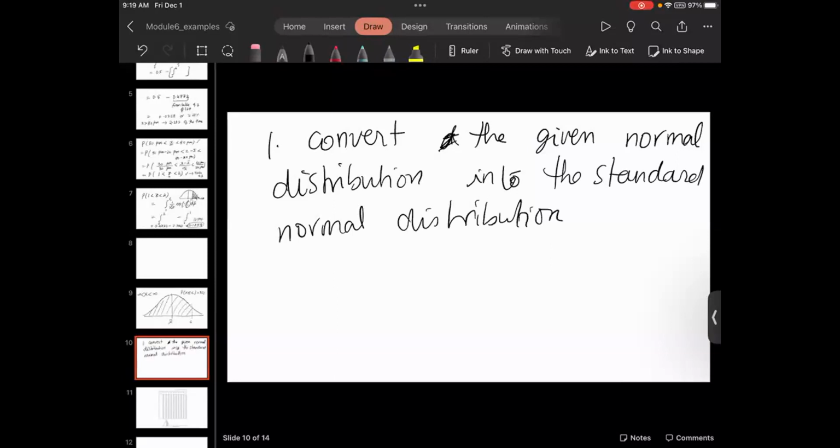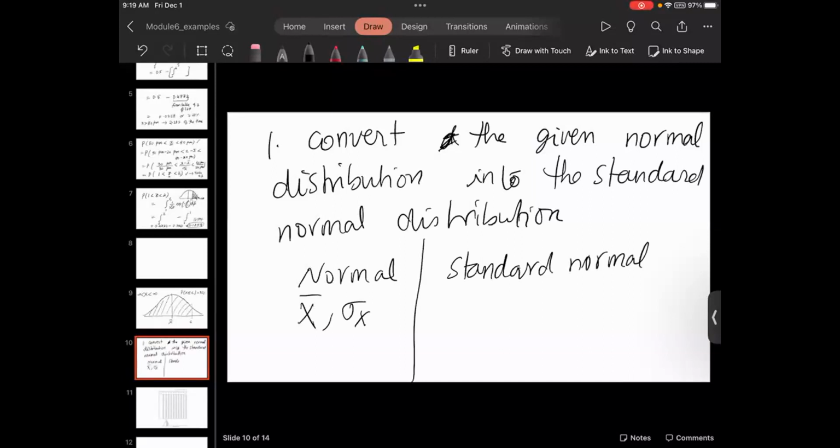What's the difference? Any normal distribution has a mean and standard deviation. Standard normal distribution is a special case with a mean of 0 and standard deviation of 1.